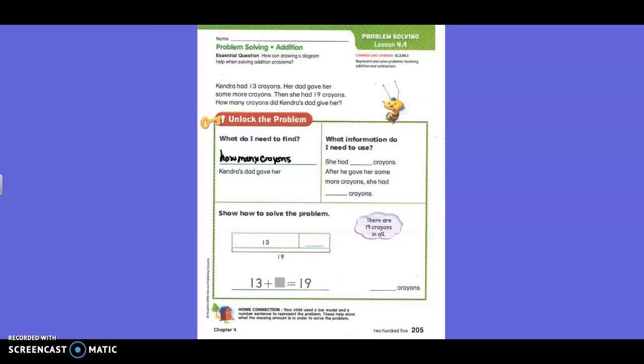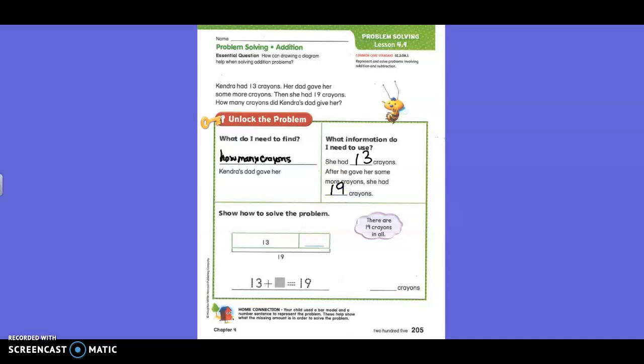What information do I need to use? She had blank crayons. She had how many crayons? Landon, thank you for raising your hand. 13. After he gave her some more crayons, she had how many crayons? Jaren? 19.